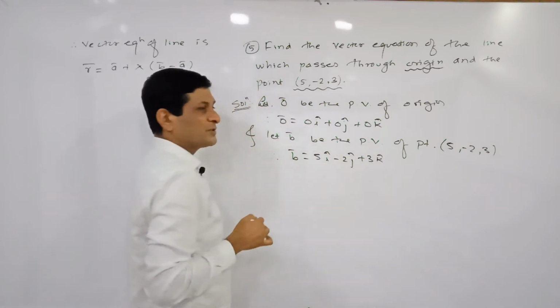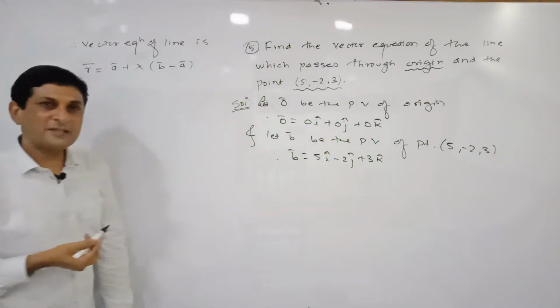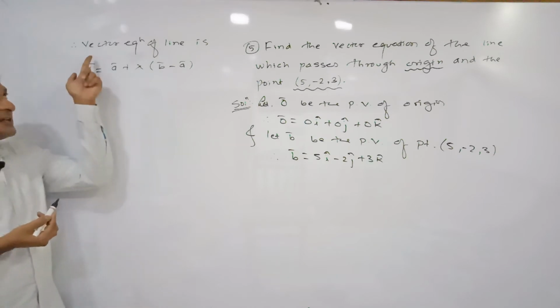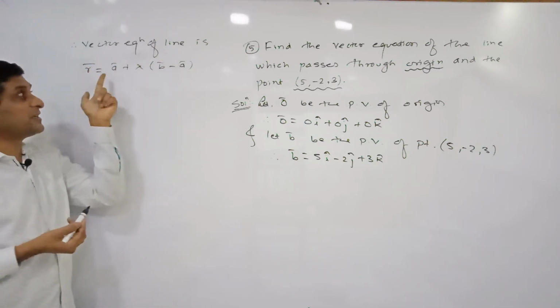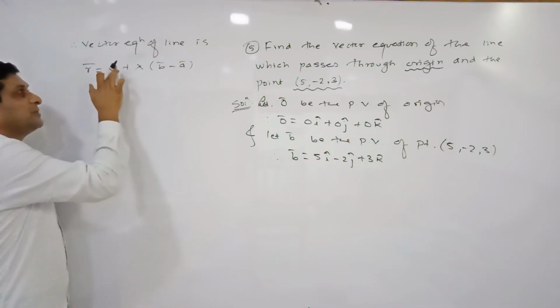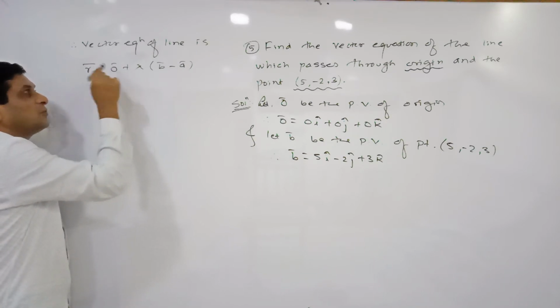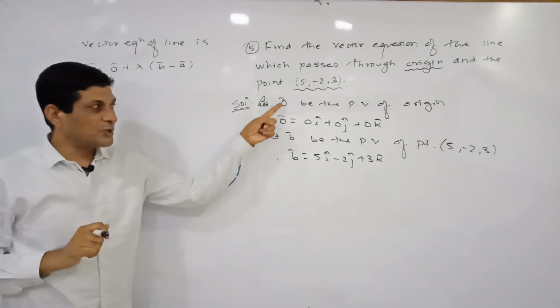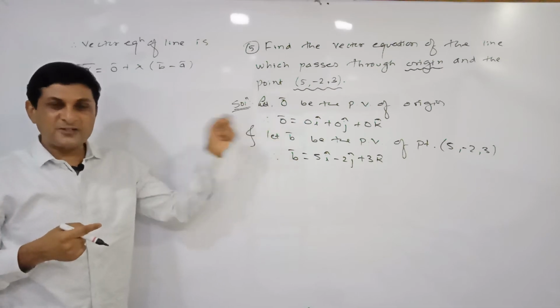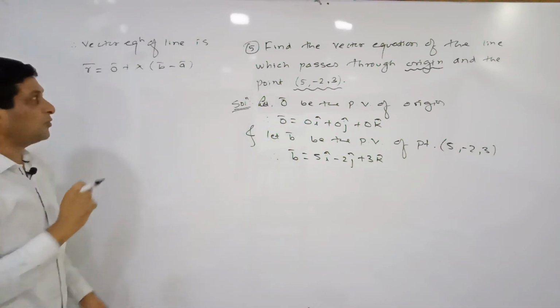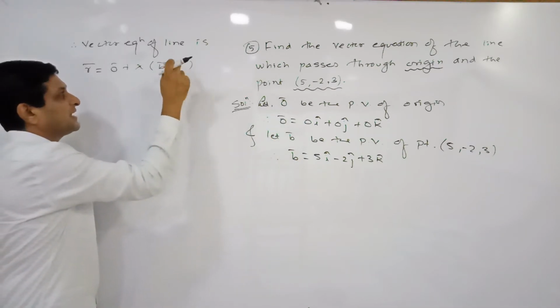Once both values are known to us, let us apply this formula to find the required vector equation of line. So the vector equation of line is r bar is equal to, instead of A bar, O bar, because the position vector of the origin is one point on the line and its position vector we have denoted by O bar.